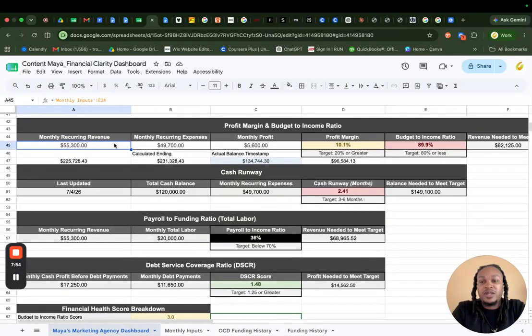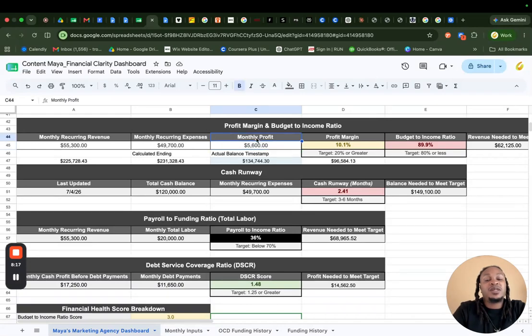One last thing I want to point out, notice that up here, our monthly recurring revenue is 55,300. Our total monthly recurring expenses are 49,700. That includes our monthly debt payments of 11,650. And our monthly profit is going to be 5,600.